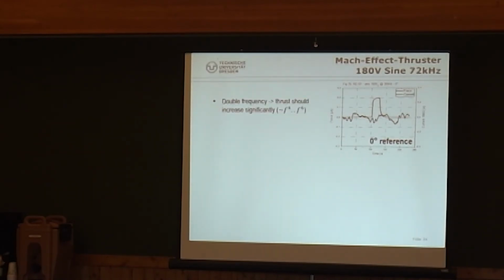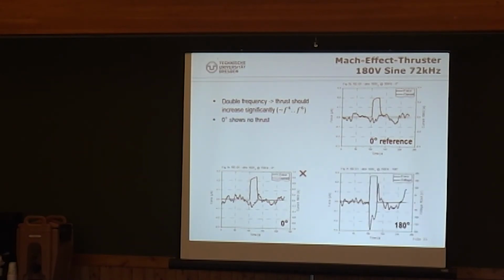So the second thing, we got to the second peak. You can put much more current in there, and also your frequency dependence on the force should increase the thrust immensely. So this again, the reference. 0 degree, again, nothing. And that's 180 degree.